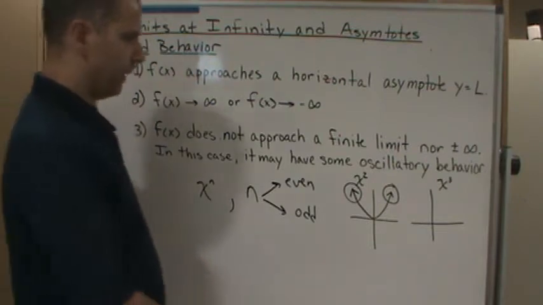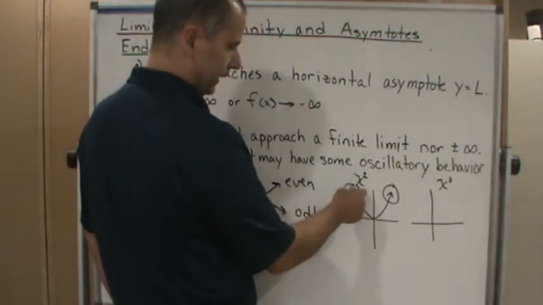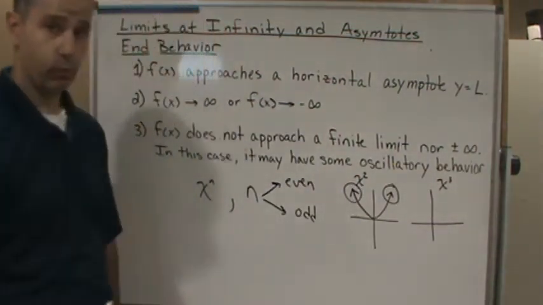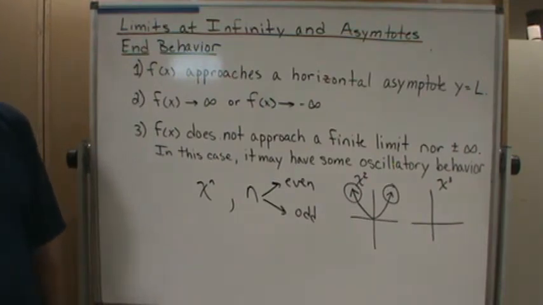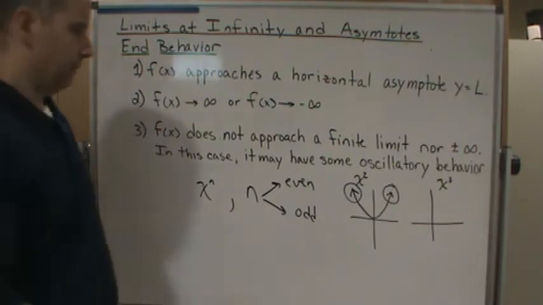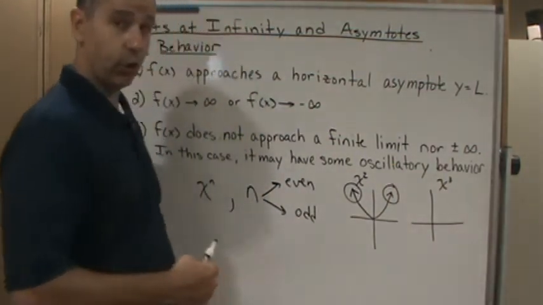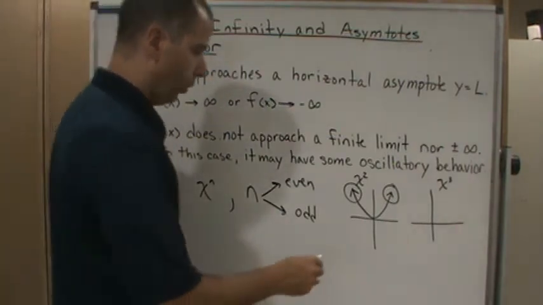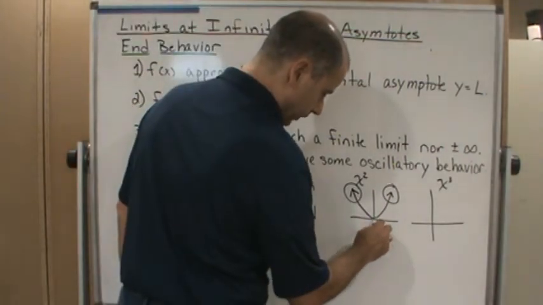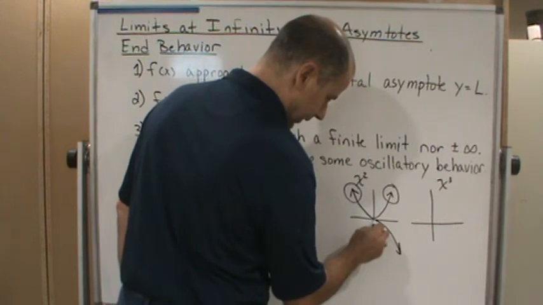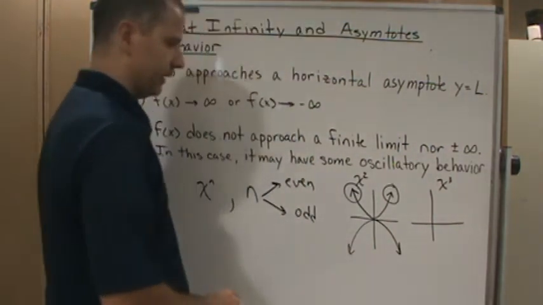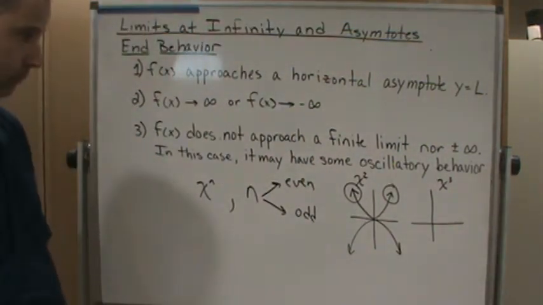Okay? So this would be a polynomial with a leading term that has an even degree, right? So a polynomial of even degree is going to behave this way if the leading coefficient is positive, or, as you know, it will open downward if the leading coefficient is negative, right?